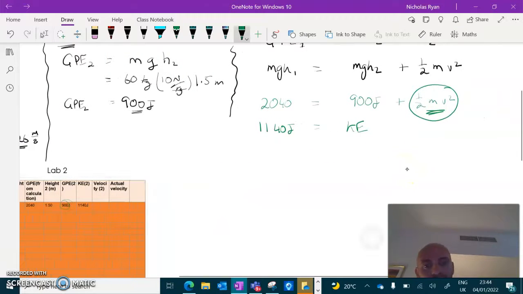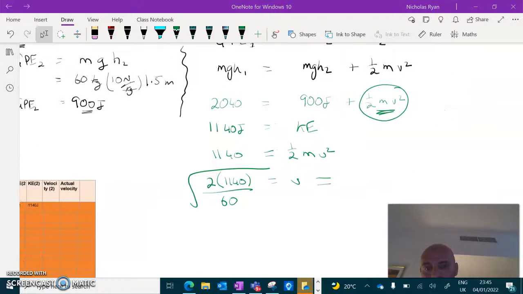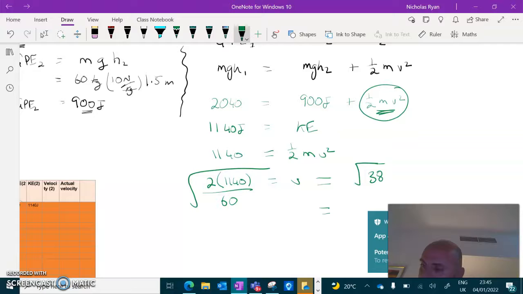But of course we know that the kinetic energy is equal to a half mv squared. So then I want to rearrange for the velocity and predict that. So the velocity is going to be twice that value divided by her mass. So again, the mass cancels out, and take the positive square root of it. So that's going to be the square root of 38, which works out to be just over 6.